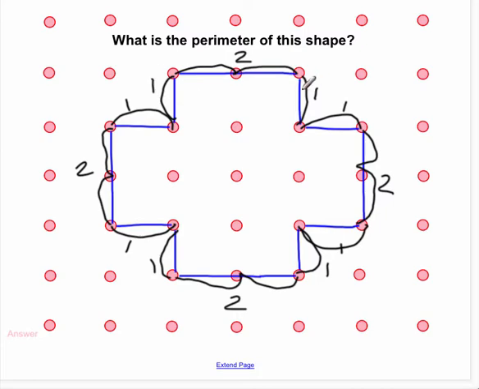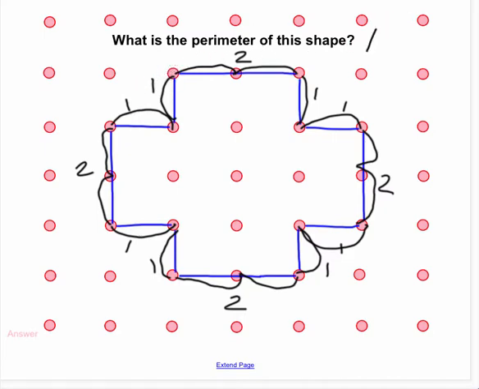Now to find the answer, as you know, perimeter is adding all of those numbers up. So we have 2 plus 1 is 3, plus 1 more is 4, plus 2 more is 6, plus 1 is 7, plus 1 is 8, plus 2 would be 10, 11, 12, 2 more is 14, 15, and this one here is 16.